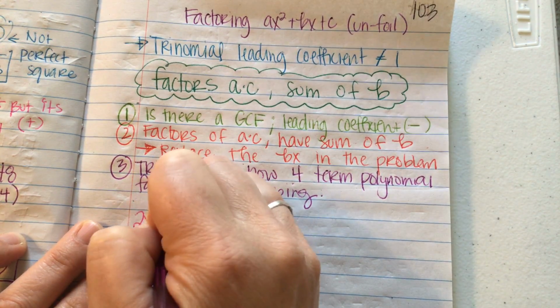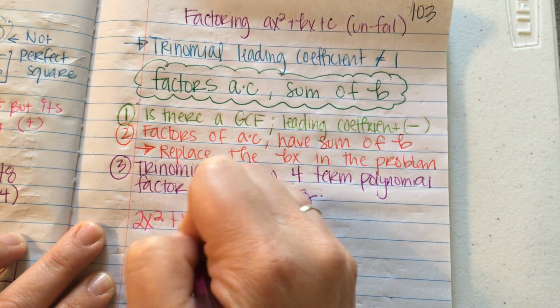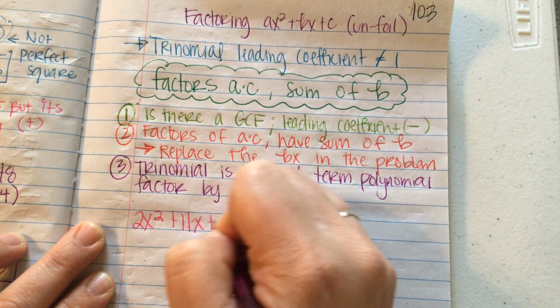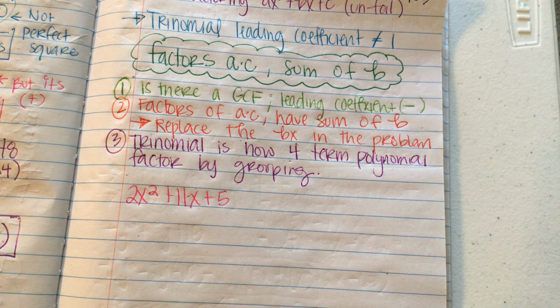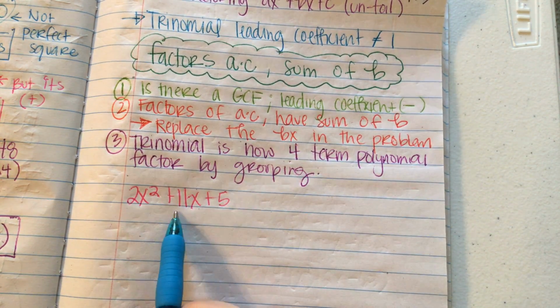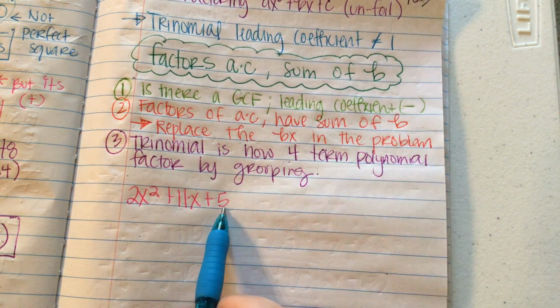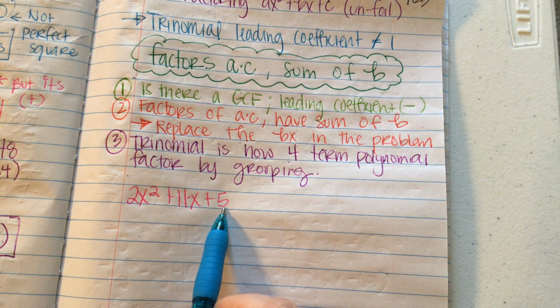So 2x squared plus 11x plus 5. First question, is there a greatest common factor? Can something come out of all of these? Well, no. 11 is prime, 5 is prime, we're stuck.